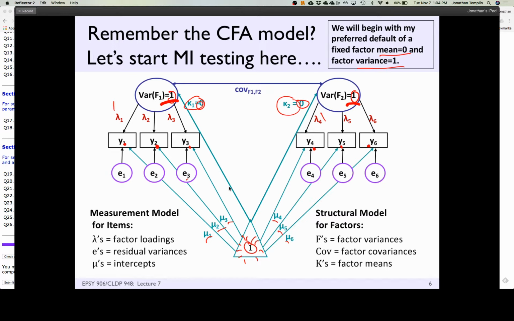If this equals 1 in group 1, and it's also equal to 1 in group 2, then we never actually test the parameter. We can't tell if it's different. Eventually we will get to the part where we test the means and variances of factors. For right now, they're sort of necessary evils.